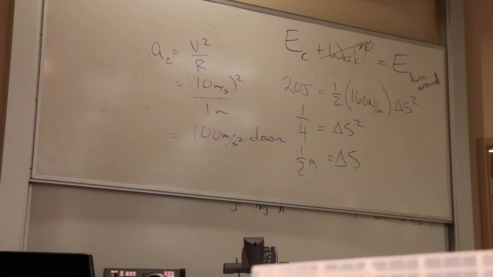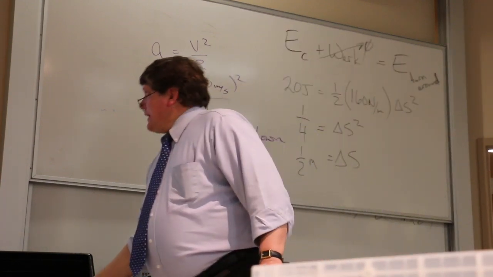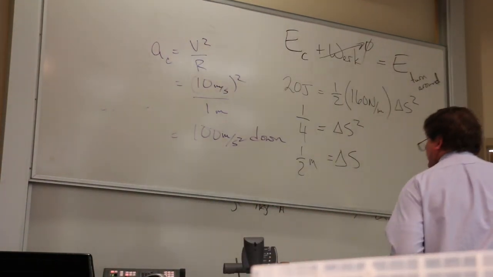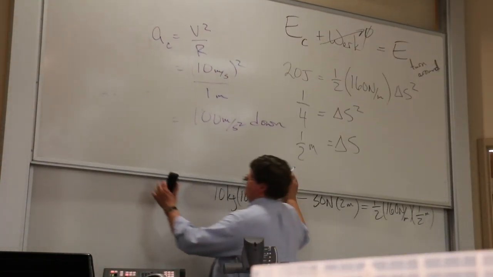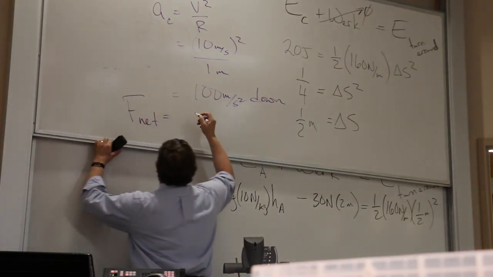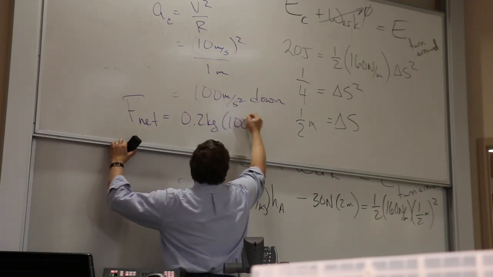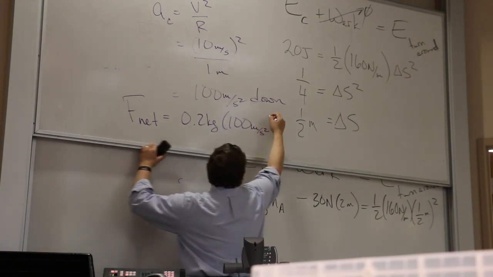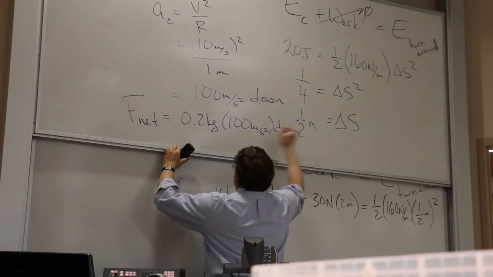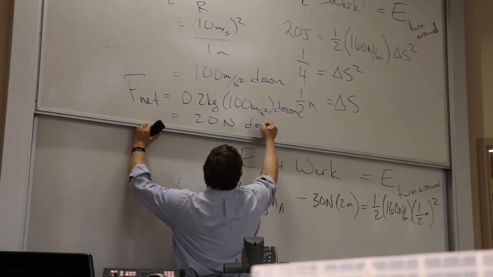That's a big acceleration. If that was you, you'd be passed out. Now the net force is just the mass times the acceleration. We're told that the mass of this ball is 0.2 kilograms. The acceleration is 100 meters per second squared down, and that gives me a net force of 20 newtons down.